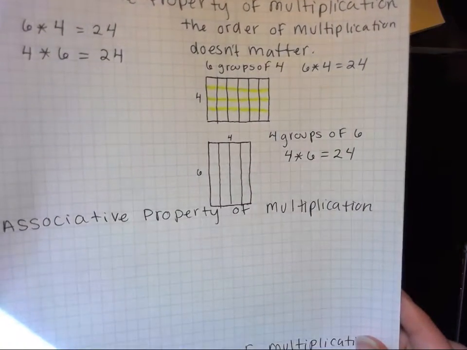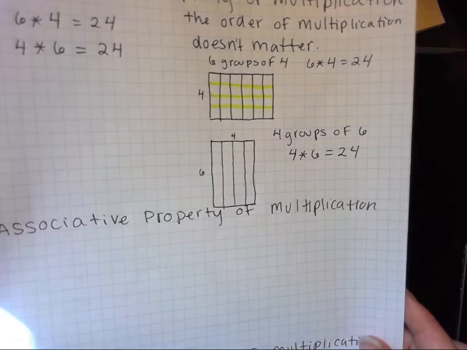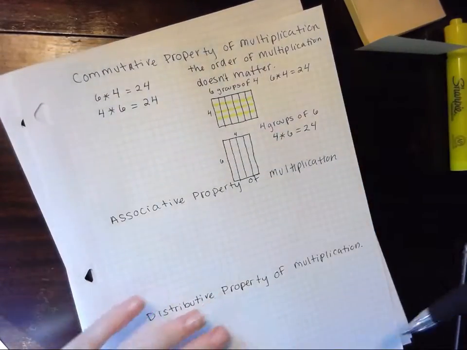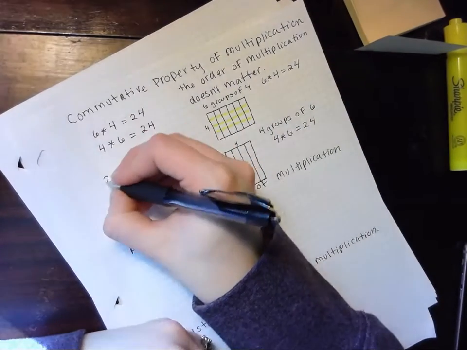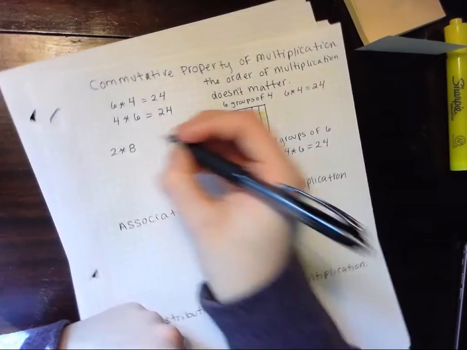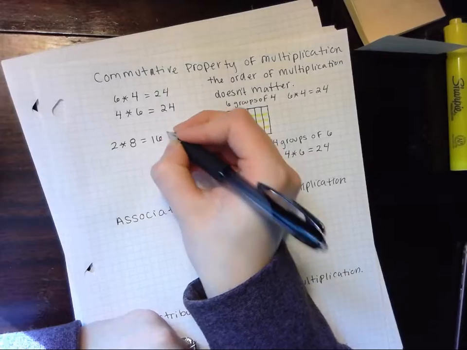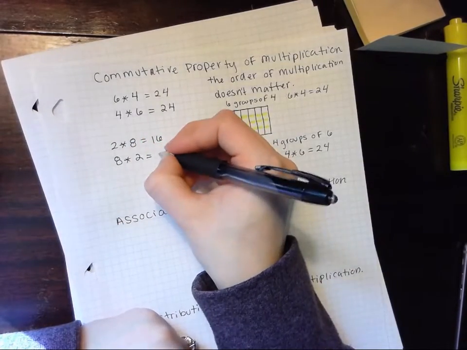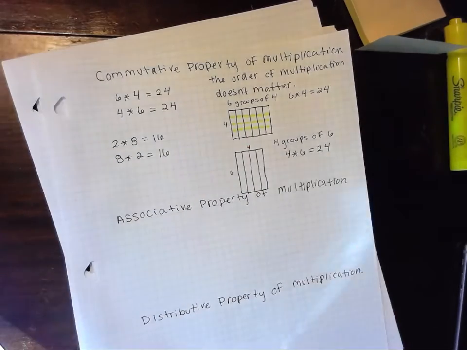Yeah, so the yellow lines are the 4 groups of 6. So no matter which way you multiply something, you're going to get the same number. 2 times 8 equals 16. 8 times 2, what does it equal? Still equals 16.